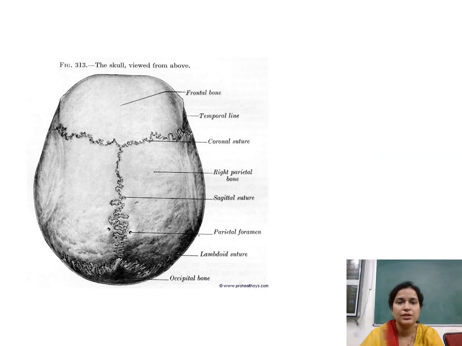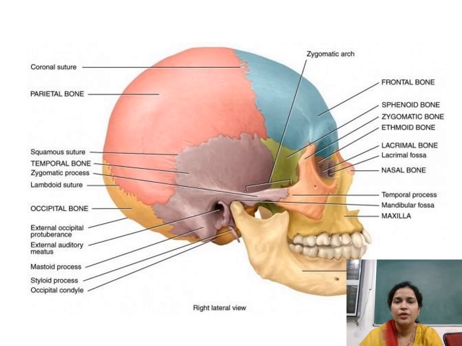Here we can see the serrate or sagittal suture, the lambdoid suture, or denticulate suture. Here the squamous part of the temporal bone, squama meaning flat, articulates with the parietal bone. So the temporoparietal suture is the squamous suture.